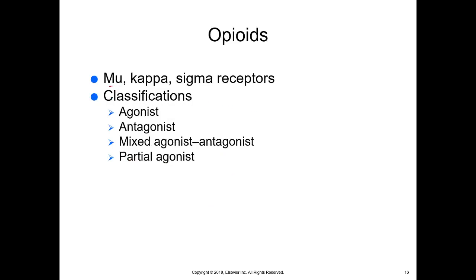Opioids affect normal receptors in your body. There are mu, kappa, sigma, and there's also delta receptors. This is the Greek symbol for delta. These receptors normally receive natural endorphins, and so you can produce your own natural opioids in your body by doing things like exercising.